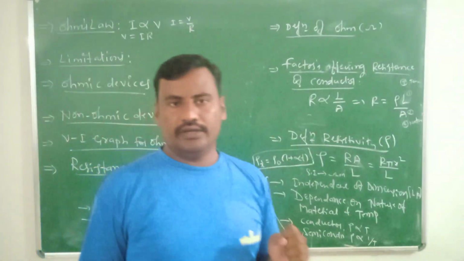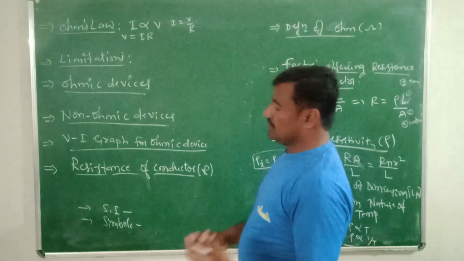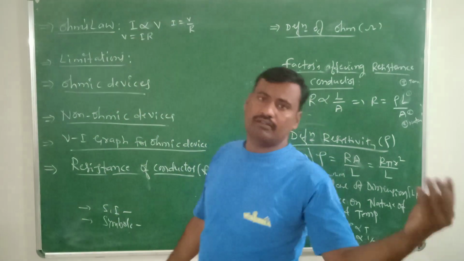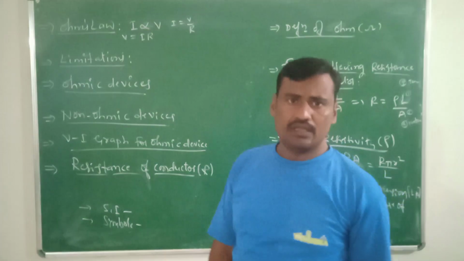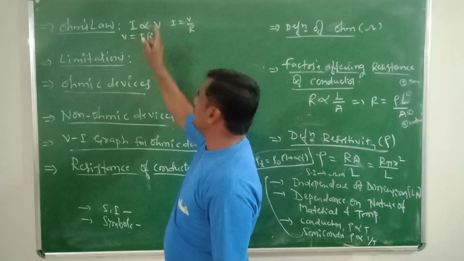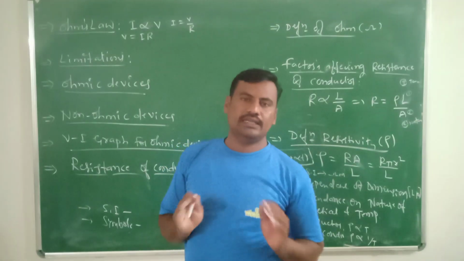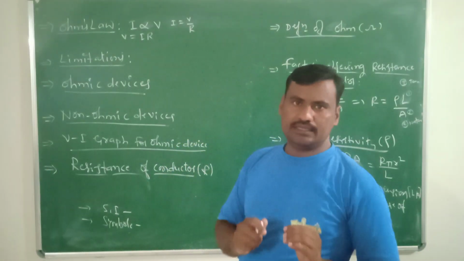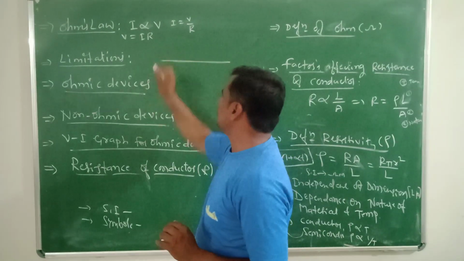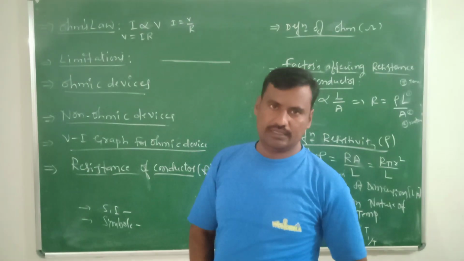Dear students, you already know, in high school level, you studied this law. Now see, Ohm's law statement: here it is written I is directly proportional to V. I means current carrying conductor. For example, I am taking this conductor or metallic wire.